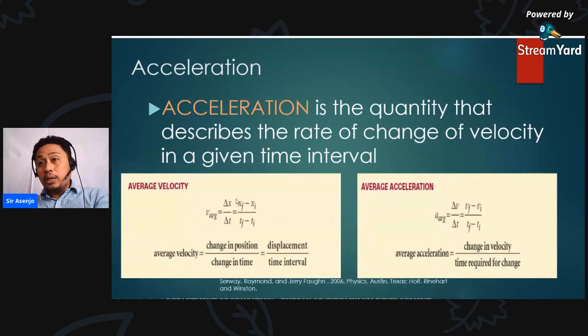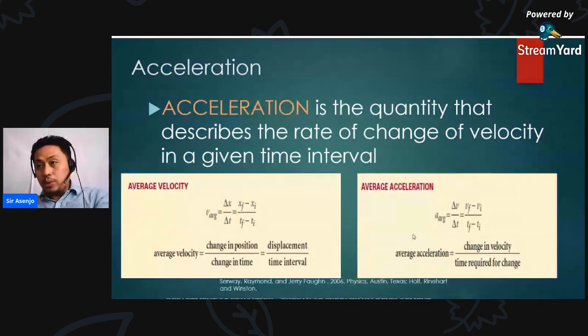Now look at the difference with average acceleration. Average acceleration is delta v over delta t. Delta v is the change in velocity, which is final velocity minus initial velocity, over final time minus initial time.